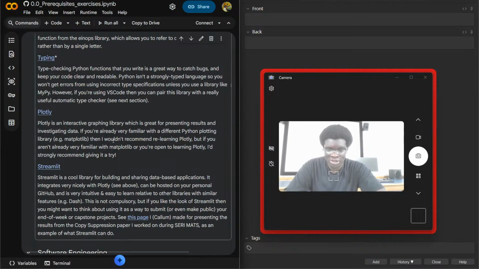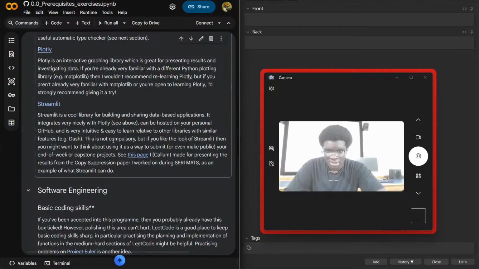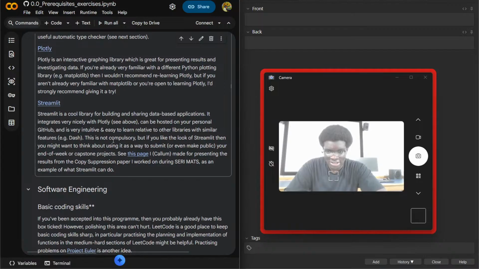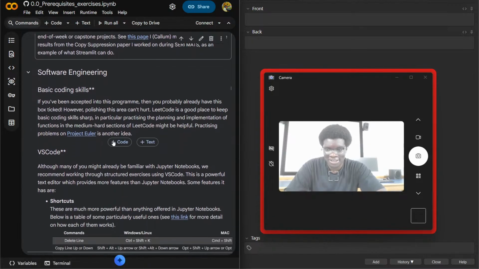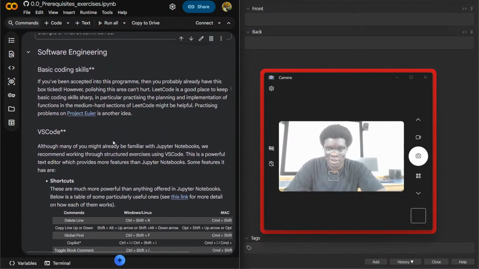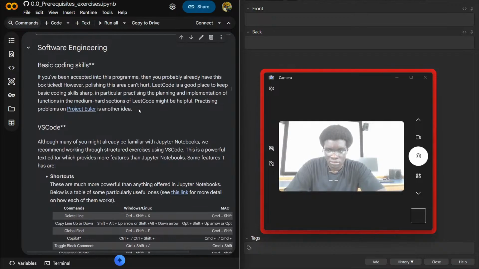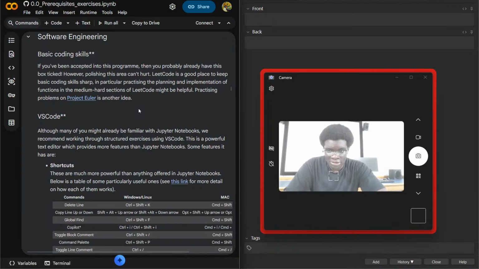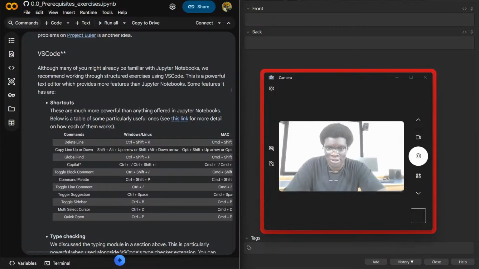I've never used Plotly before. This seems kind of like an advertisement. Yeah, I'll just stick to my Matplotlib. I'll just say that I'm competent in coding. It's debatable whether I am, but we'll see.